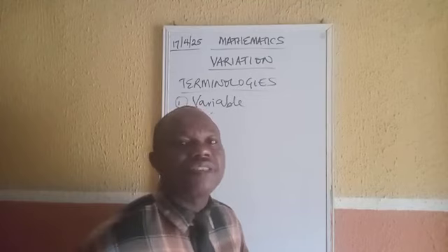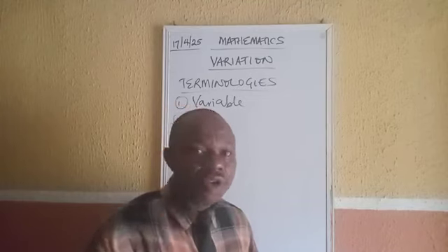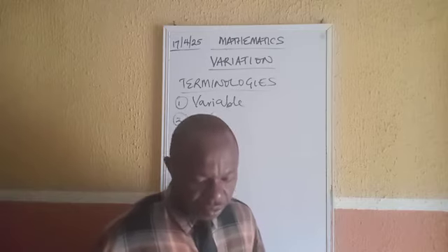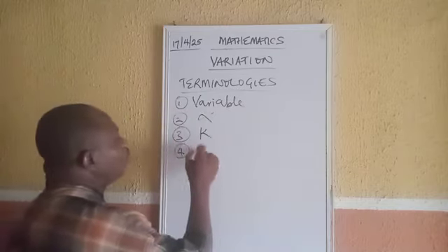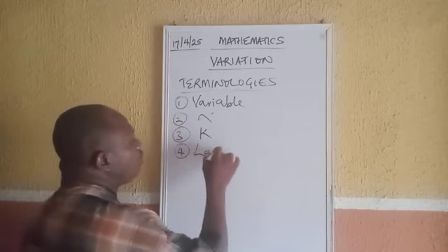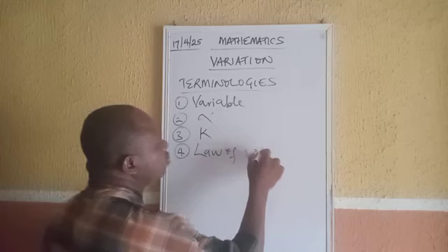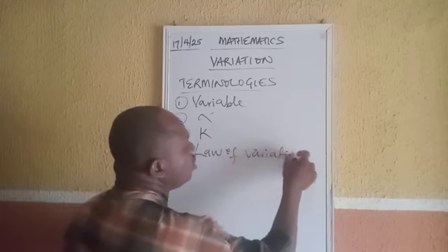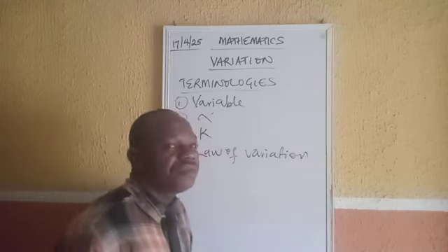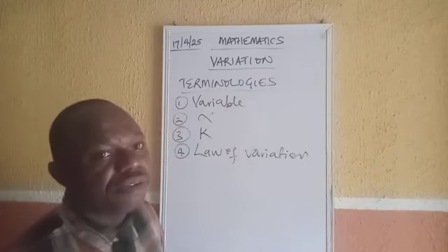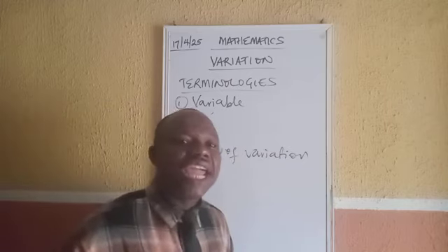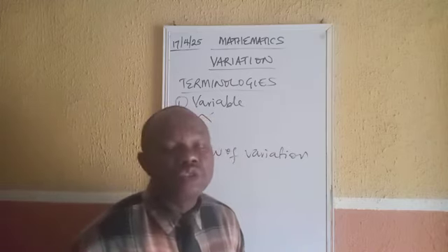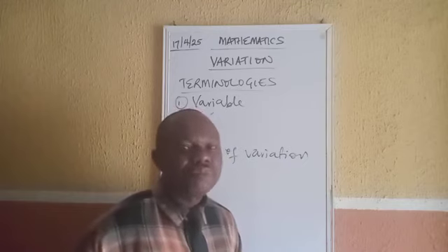It remains constant. So there's always a constant in variation. This constant of variation we will find will lead to what is called the law of variation or law of proportionality. This is very, very crucial because it is with this law that we will find any other quantities that we ask to calculate.